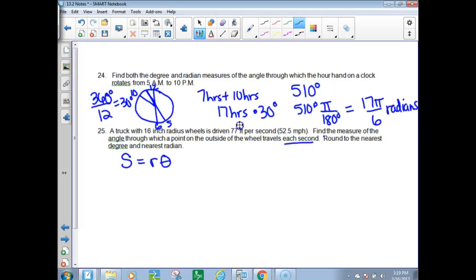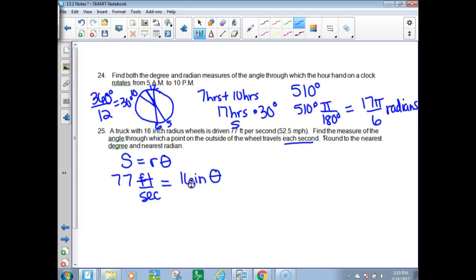So that would be our S. The radius is 16 inches. Oh, wait, I'm going to write the labels on these. And then I've got 16 inches here times theta. I want to know theta.